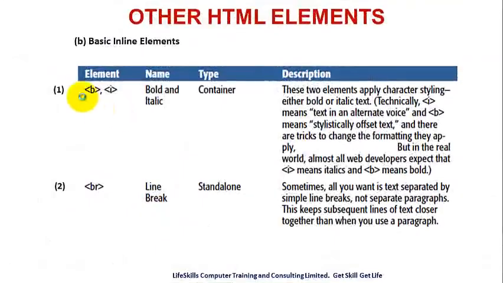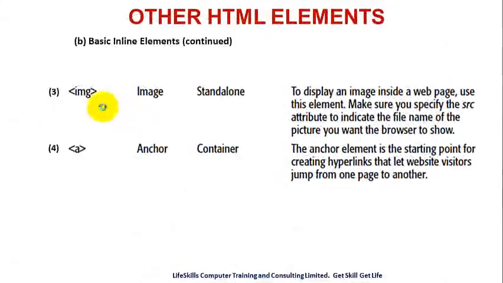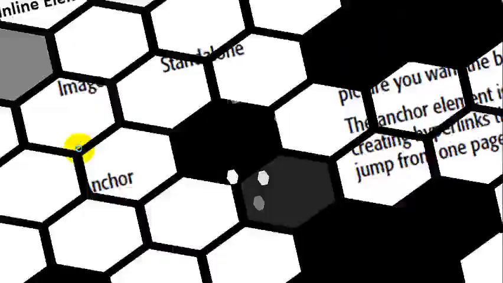Then we also have the bold tag, which I took time to explain, and the italic tag. Then we have the break tag, for jumping from one line to another or for breaking a line in your page. Then we have the image tag, when you want to insert an image into your page. Then we have the anchor tag.